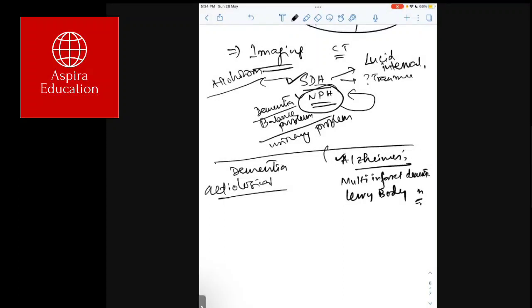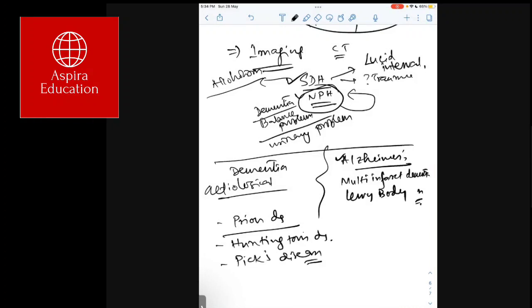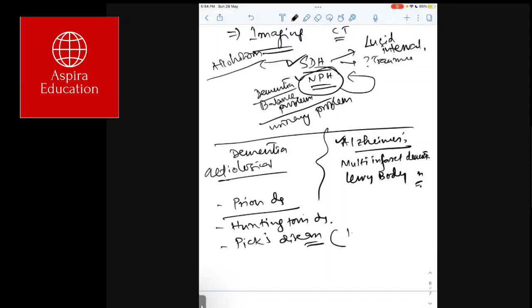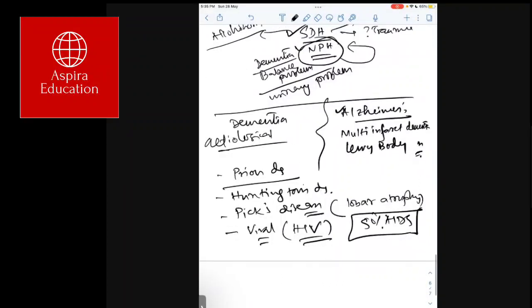Certain rare causes of dementia are prion disease, Huntington's disease, Pick's disease. I'll discuss Pick's disease in a short while. Basically, Pick's disease patients have multiple lobar atrophy in the brain. I will come to that. It can sometimes be a viral disease, and most commonly this is HIV. So if the patient has already developed terminal AIDS, 50% of AIDS patients will give you history of some kind of dementia.